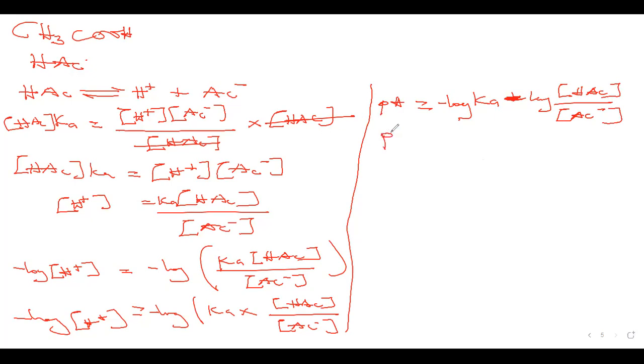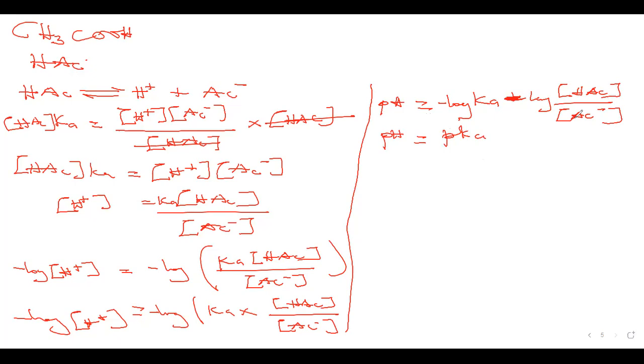But we know that negative log of Ka is the same as pKa, right? And because we don't normally like to work with negatives, we try to be on the positive hand side.